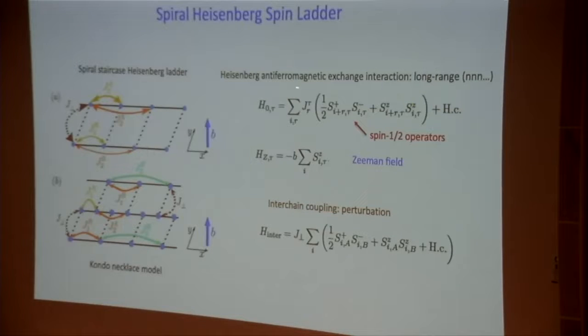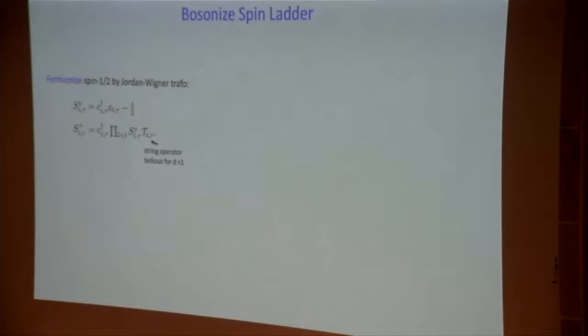So here's the Hamiltonian written down again for one chain here and for the second chain, and in the presence of a Zeeman field, like this here, and this is the interchain coupling between the A and the B chain. So how do we analyze this system? There are several steps. First, we fermionize.